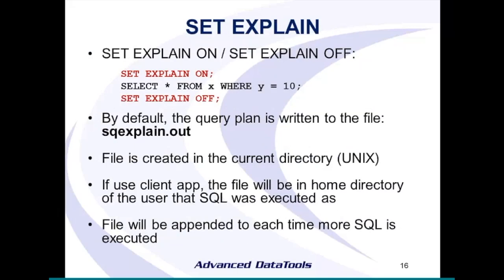We can do that by going to DB Access and surrounding the query with these statements. Start with set explain on, you run your SQL statement, and then optionally you can turn the explain off. If you don't turn explain off, it'll stay in effect for the remainder of that session. By default, the query plan will be written to the file sqexplain.out in the current directory.